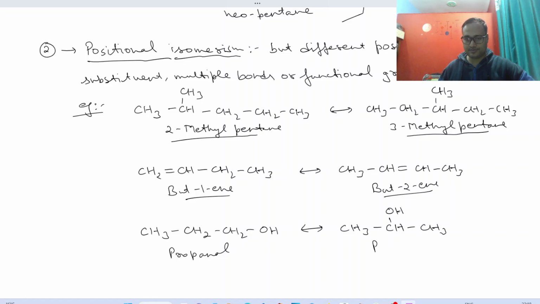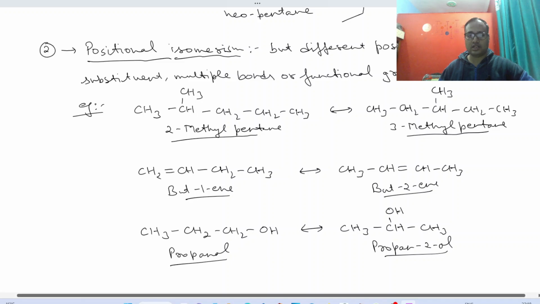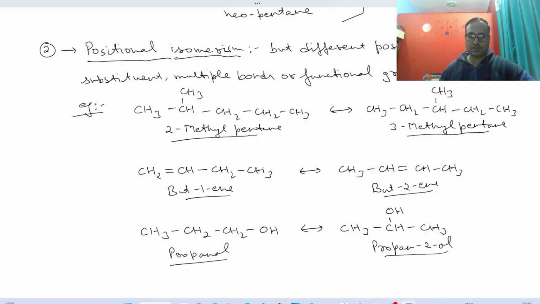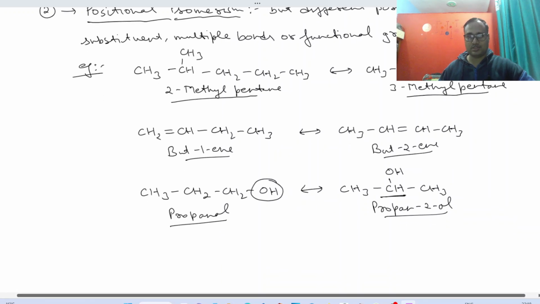This will be propan-2-ol. Okay, so these two are positional isomers in which the position of the functional group is different. In propanol, the OH is on the first carbon atom, whereas it is on the second carbon atom in the next isomer. So these are positional isomers.